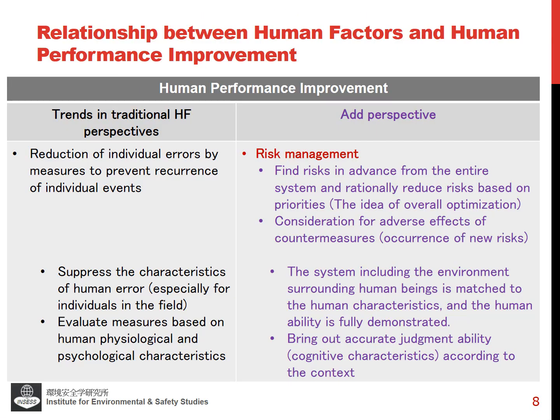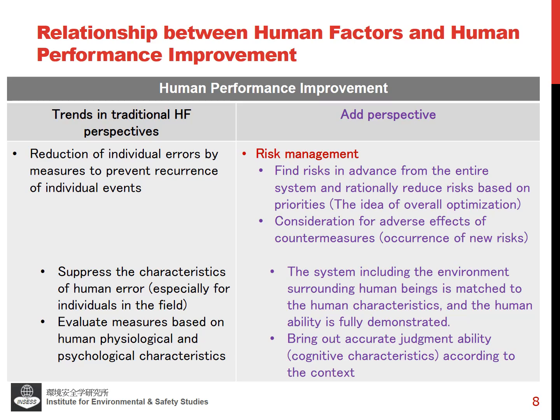Lastly, I will explain the relationship between human factors and human performance improvement. In the traditional human factor perspective, individual errors are reduced by measures to prevent recurrences of individual events. Thus, human performance improvement activities add a risk perspective to the traditional human factor perspective.